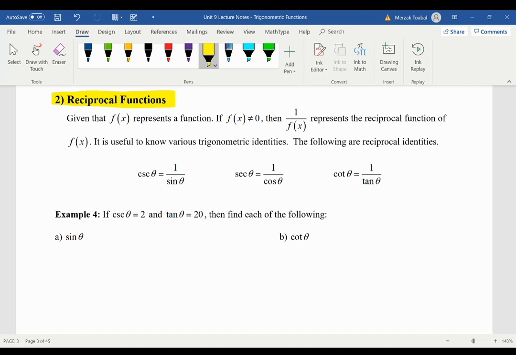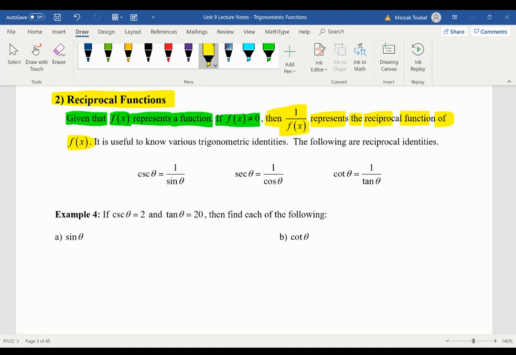So, reciprocal functions: given that f of x represents a function, if f of x does not equal 0, then 1 over f of x represents the reciprocal function of f of x. There's a condition, f of x must not be 0, because 0 has no reciprocal.